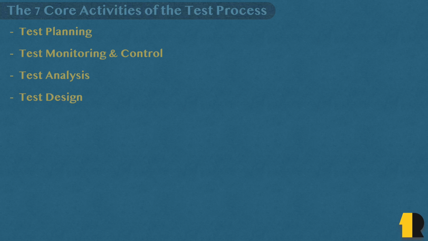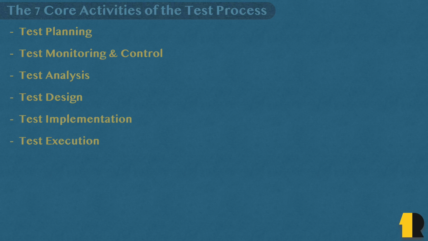Also, we define the specifications of the test environments that's going to be used during test execution. Test implementation is our next step, and this is where we prepare the required test data and set up our test environments. Test execution is where the fun begins, and here you run tests, record results, report them, and retest if necessary.